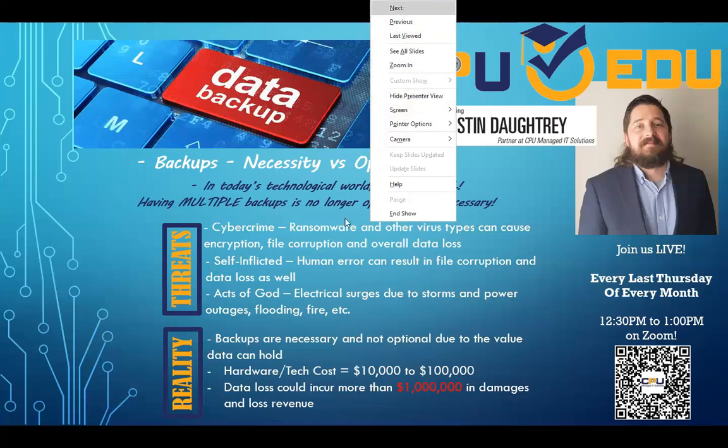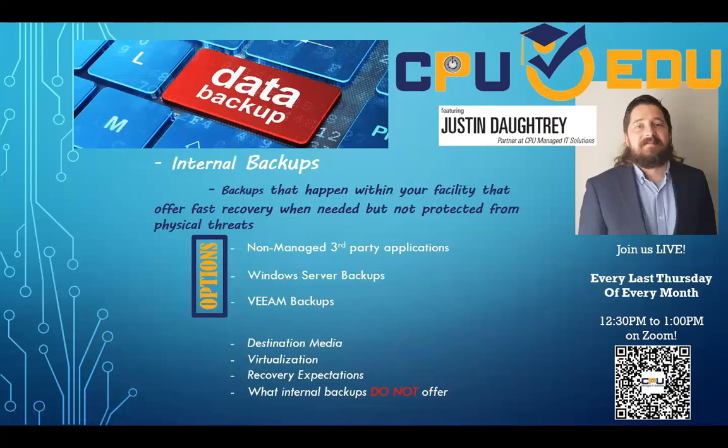Some of those backup options that you can have: internal backups is one that we'll discuss first. Internal backups are backups that happen within your facility that offer faster recovery when needed, but they aren't protected from some of those physical threats that we discussed. Some of the options that you have for internal backups is non-managed third-party applications.